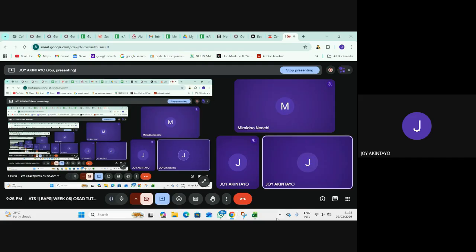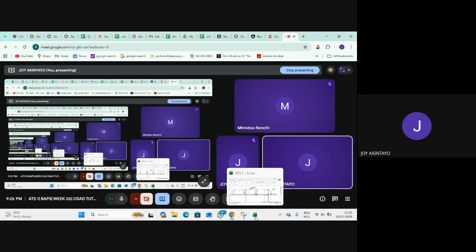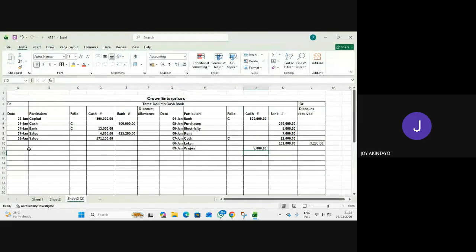So we now come here. We say, what's the date? The 10th. Bank is receiving. What is bank receiving? A bank is receiving cash. Don't forget your contra. So how much? 171,150.